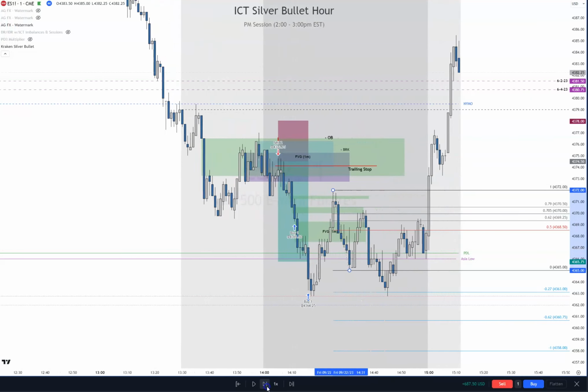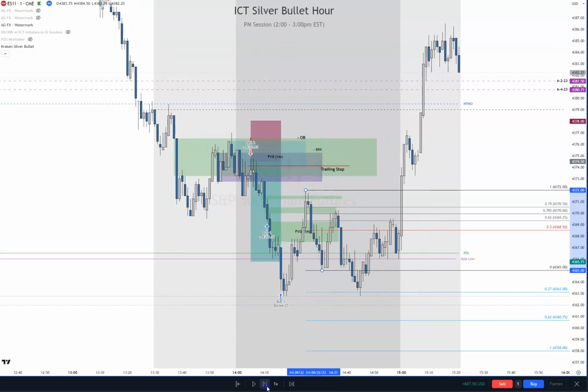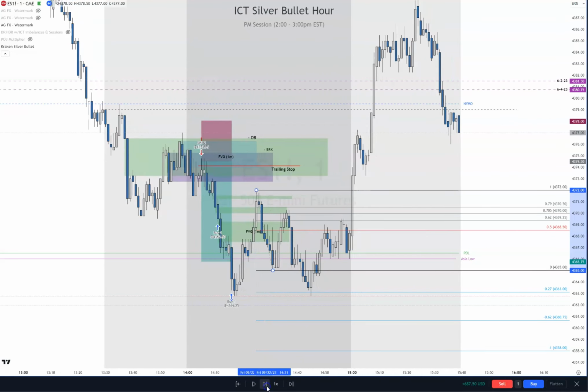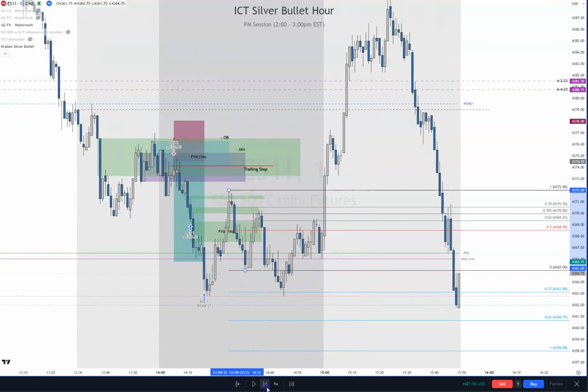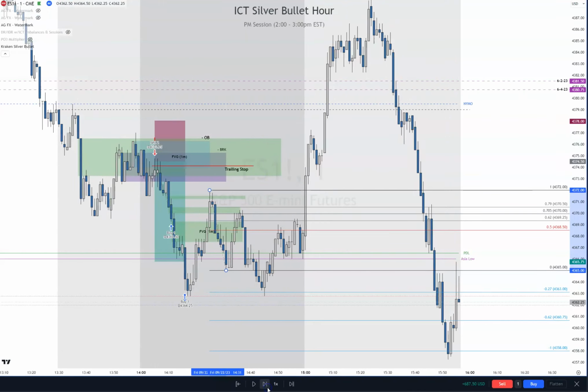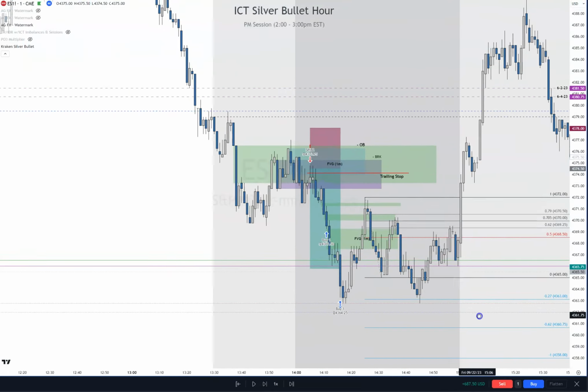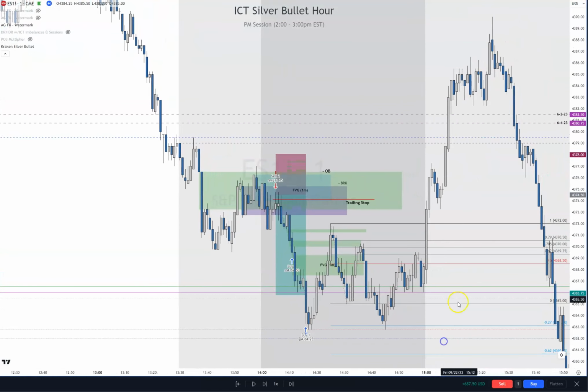And there it goes, back up and up. And look at that. Last hour of the day. Look at that. Spike up, spike down. Wow. It's very volatile. Last hour trading, the power hour.